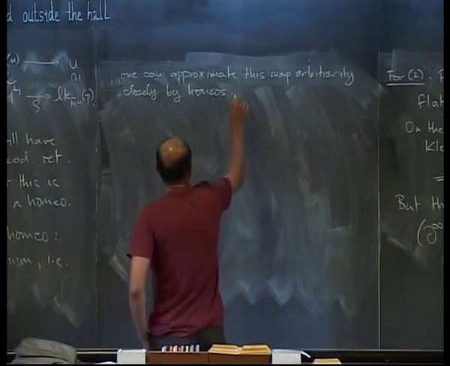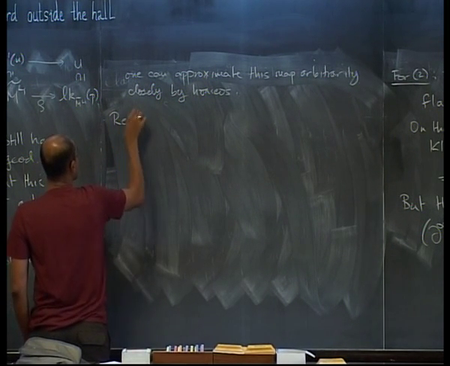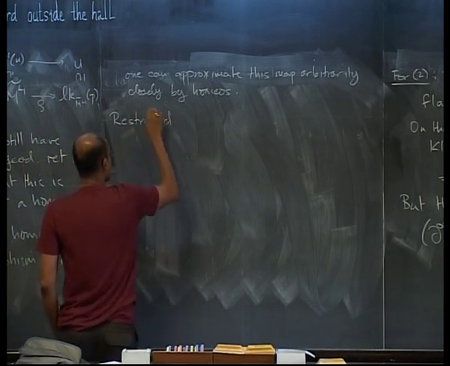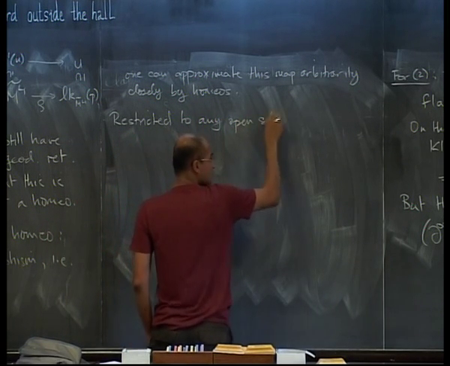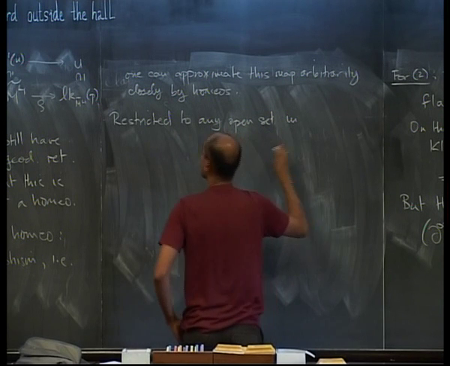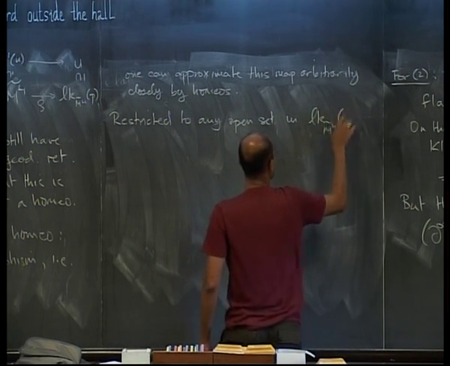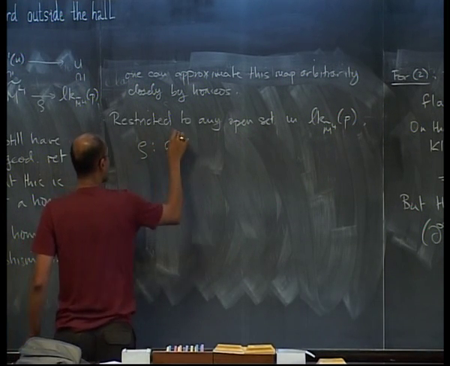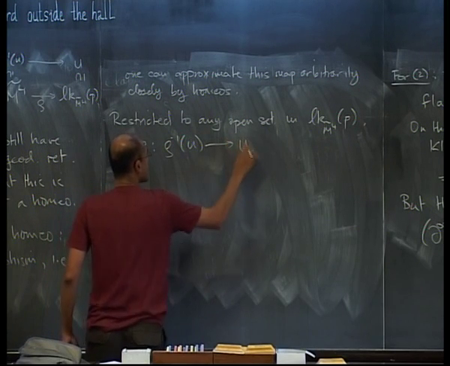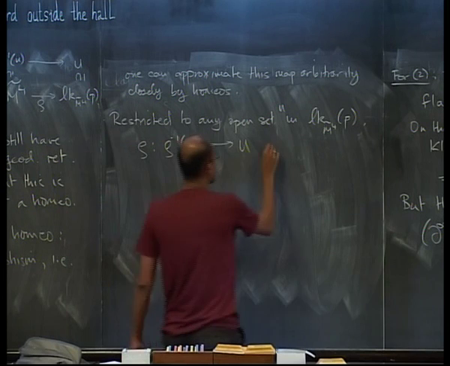So in particular, the map rho from rho inverse U to U is at least a homotopy equivalence.